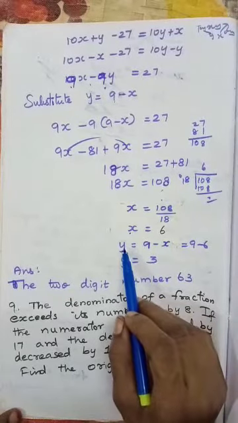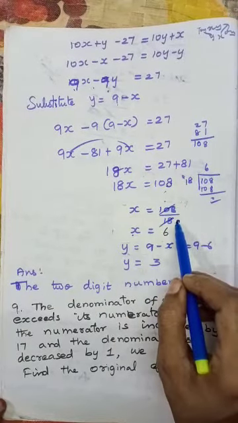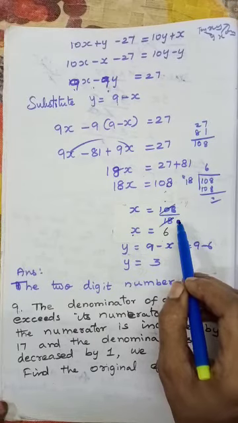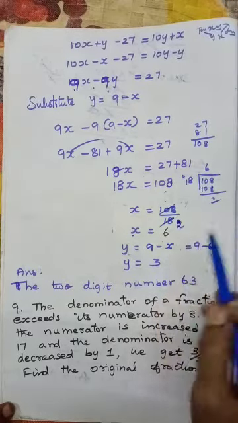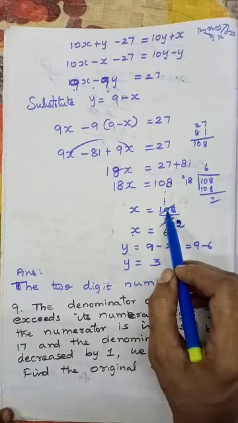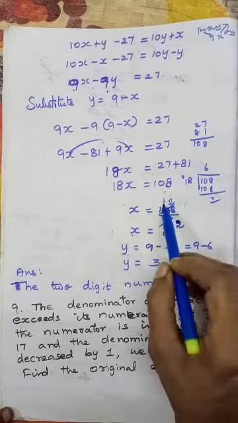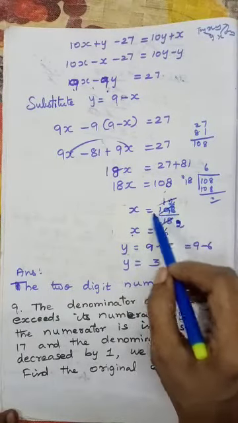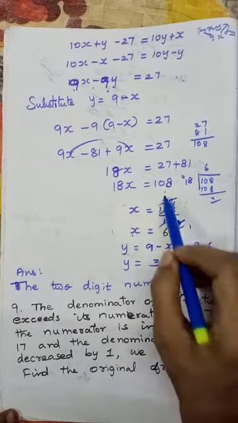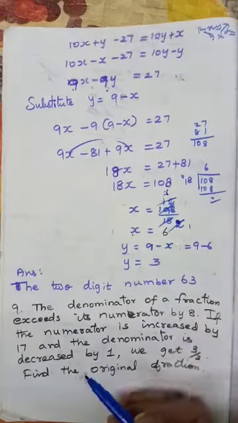Otherwise you can cancel by the 9 table. 9 ones, 9 2s are 18, so 108 by 18 becomes 12 by 2, and again you cancel, 6 times. X is equal to 6.